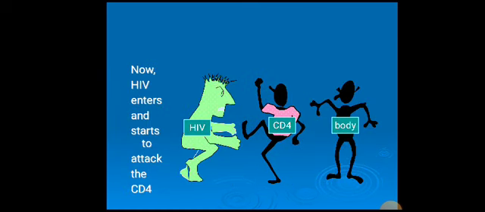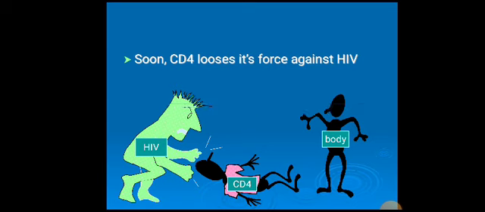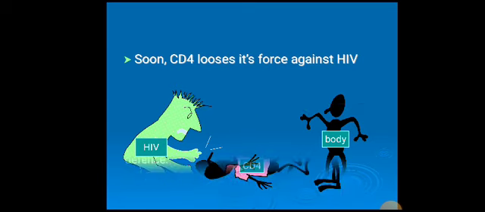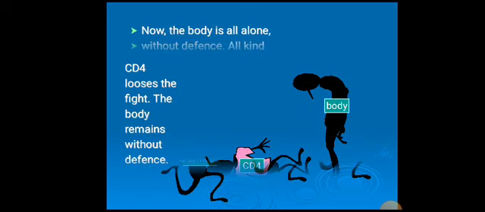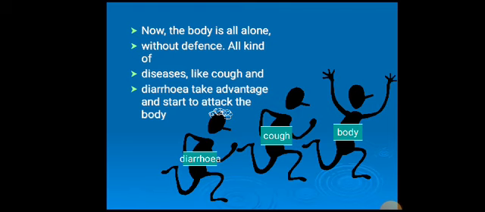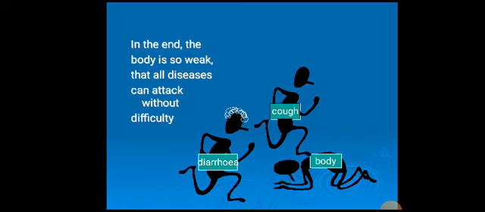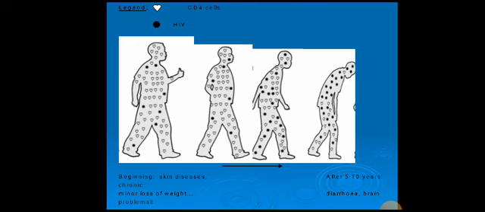But when HIV enters the body, as you know, HIV has a predilection for the CD4 and destroys it, so the patient will be alone without any defense mechanism. So a lot of infectious diseases like cough and diarrhea will attack, and the patient then becomes very weak and immune compromised with a lot of opportunistic infections.